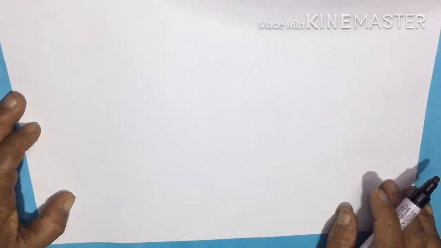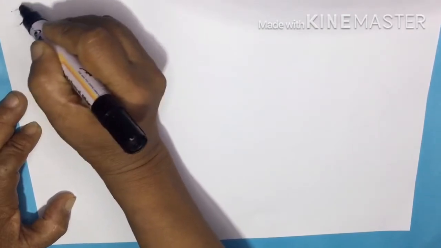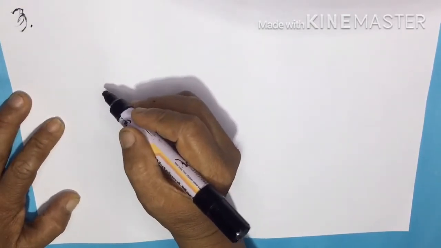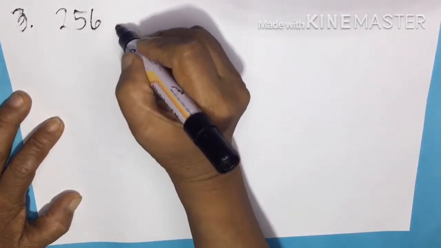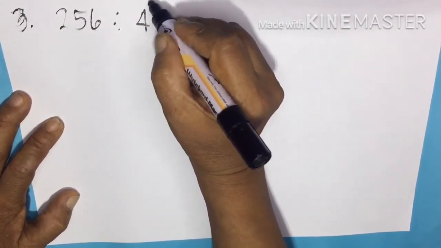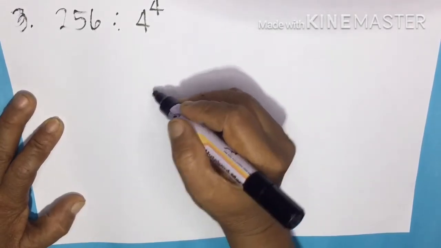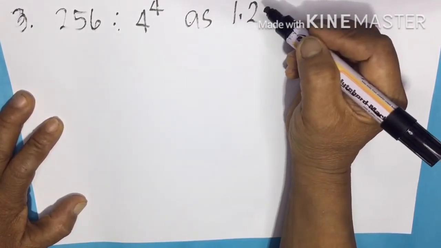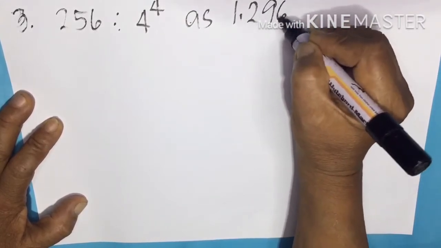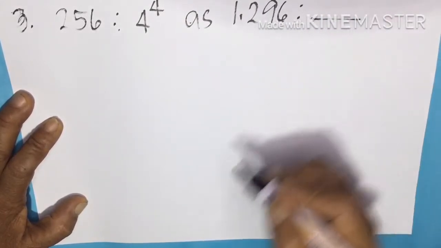Another number, number 3. 256 is to 4 to the power of 4 as 1296 is to blank.